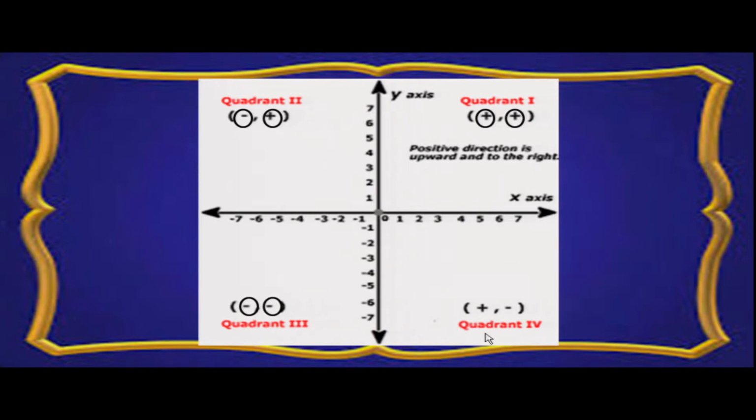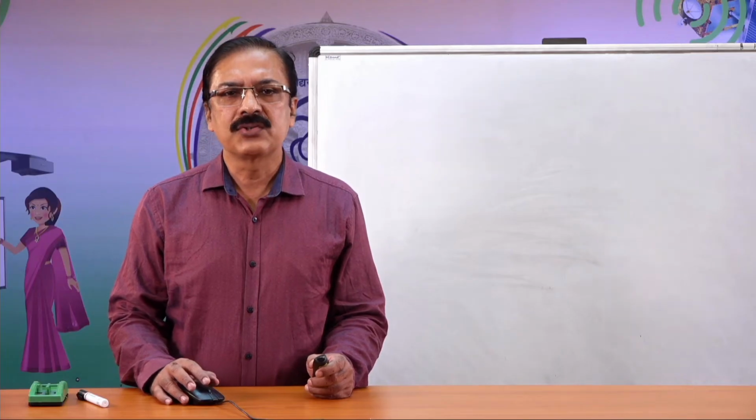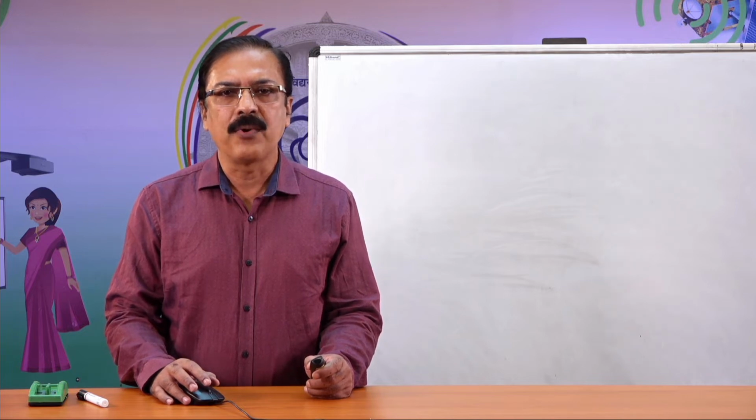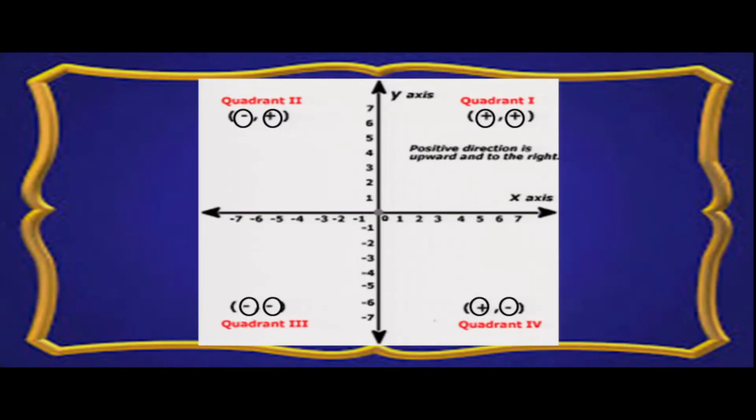And in the fourth quadrant, x is positive and y is negative. So we can say both x and y have positive and negative signs. Now, this shows how to put a point on the Cartesian plane.